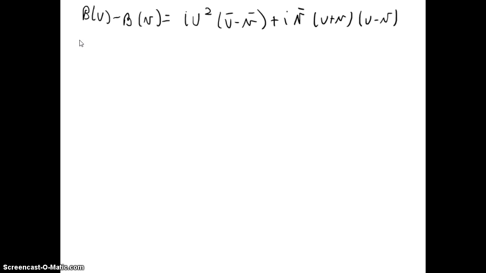Now what happens if we apply the norm, let's say H^s? So the norm of B(u) minus B(v) in H^s.